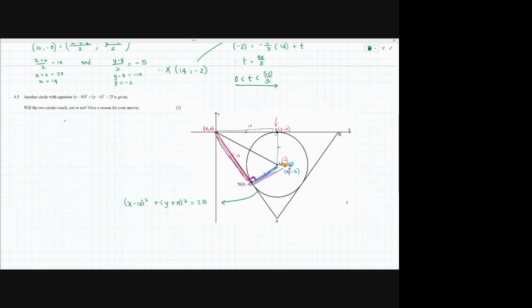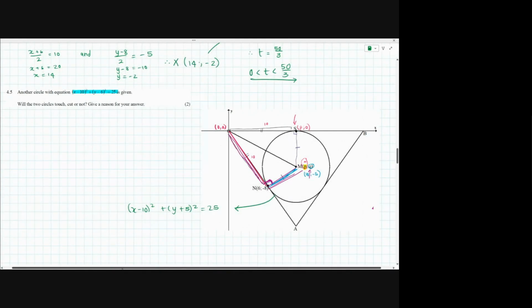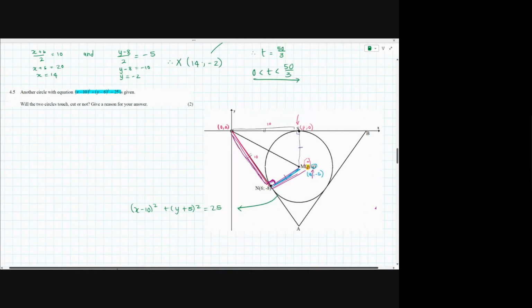So we now need to compare these two equations and figure out what's happening, how they're different, what the situation is. If we consider the other circle that has been given to us, let's establish where it would sit. Here we have a center at (10, 6), and we still have a radius of 5 units.